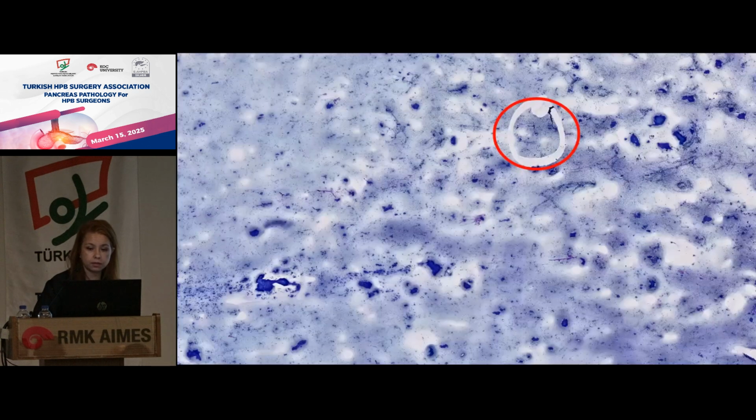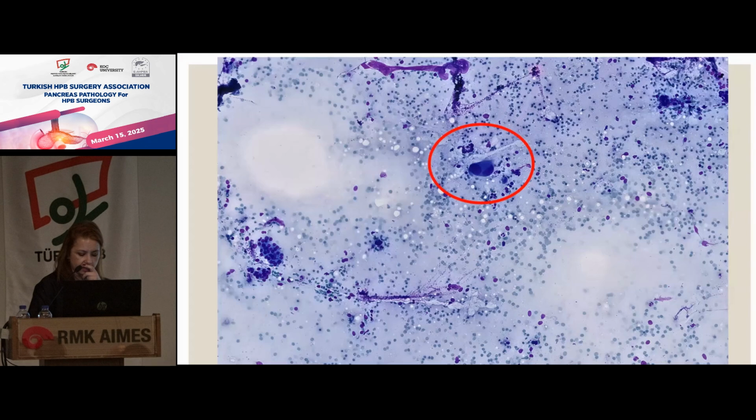And what about this case? There are few cells in the background, and nearly all of those cells are benign. Let's zoom into the red circle area. In the vicinity of the benign pancreatic tissue that we are seeing here, we have two highly atypical cells, and we call this malignant. We only obtained those cells in the 15th pass in this patient.